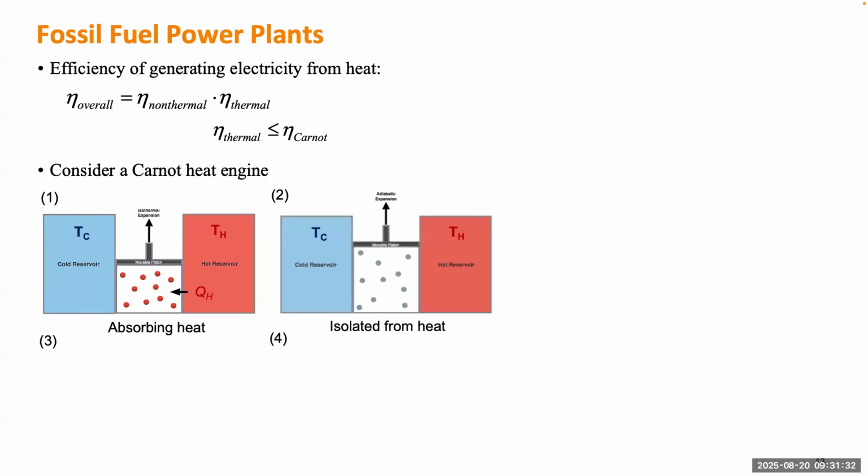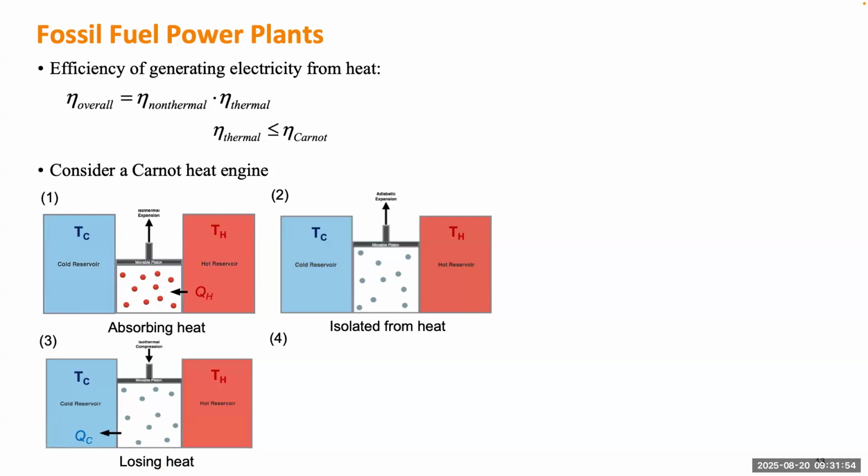That's the first step. In the second step, I isolate the tank from the hot reservoir. But because it has already moved up at a certain speed, it cannot stop immediately. It will continue, but the entropy of the tank will remain the same, while the temperature can change.